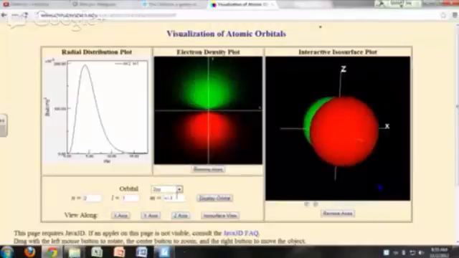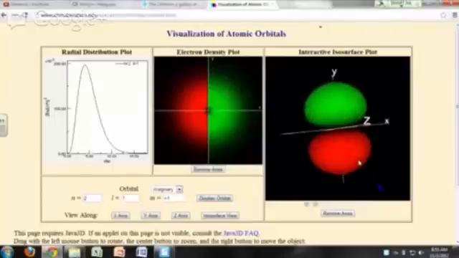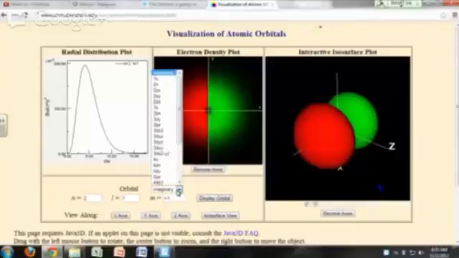Now what if we only wanted to look at the orbital that has an m of plus 1? Let's see what this site will give us. And that's what you see. This doesn't look great. So this one pretty much just shows you the real orbitals.